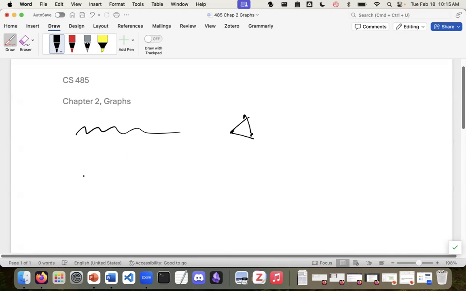Okay, so we're going to start at the beginning of chapter 2, where we are talking about graphs, as you may have guessed.